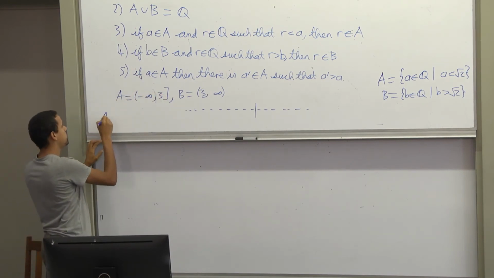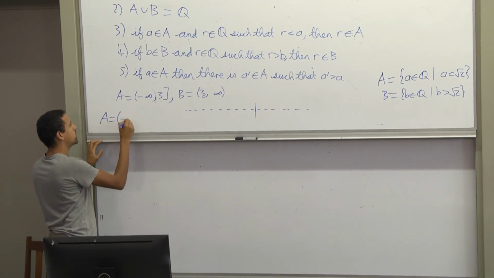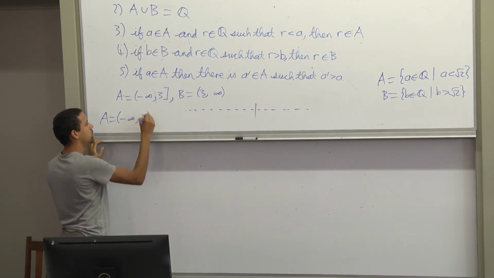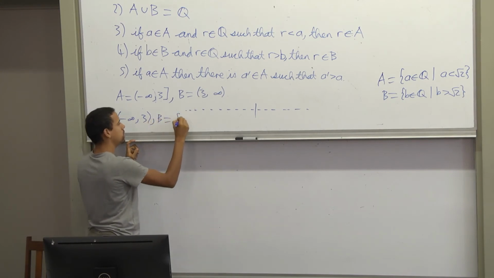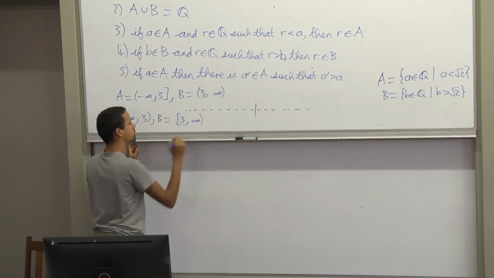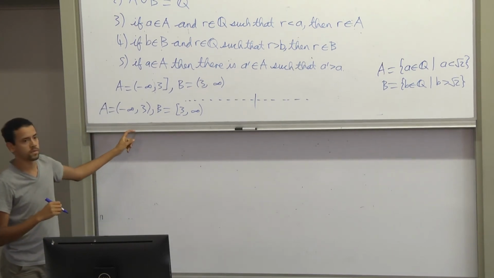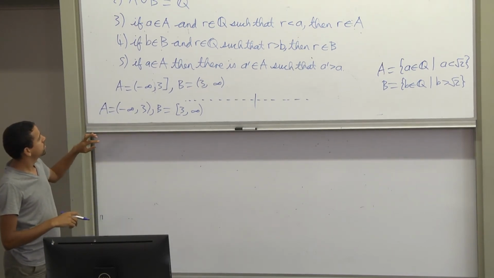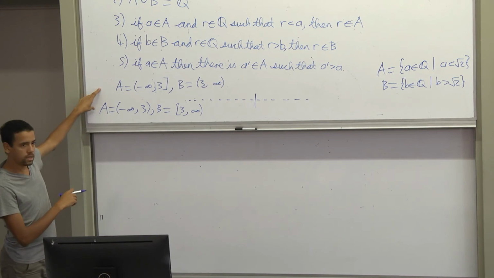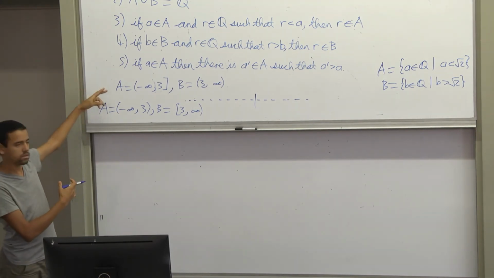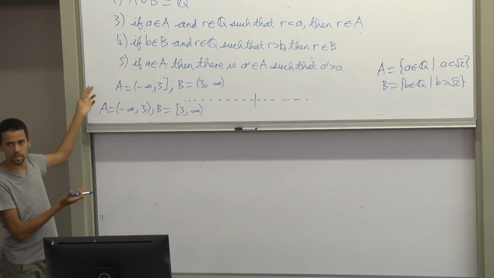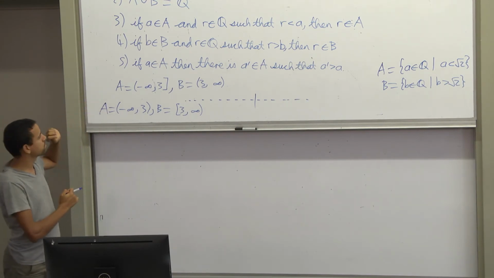Another possibility is A going from negative infinity to 3, not including 3, and B including 3. So we want these to either define the same number 3, or we just say only one of them is actually a Dedekind cut.